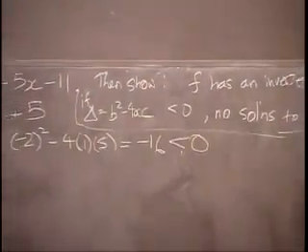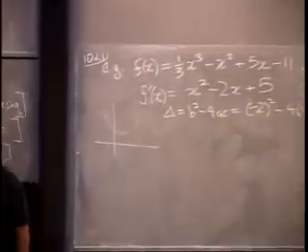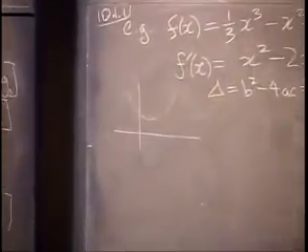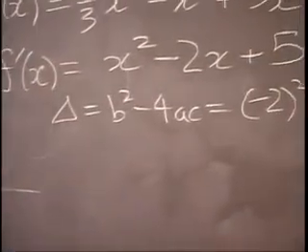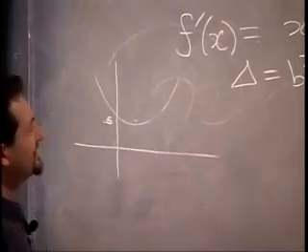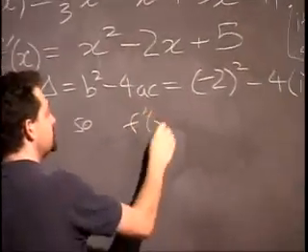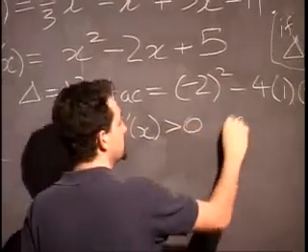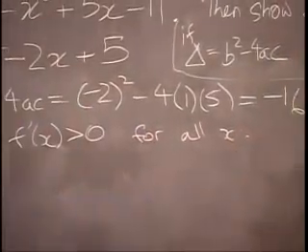Whatever its graph looks like, it must be either always above or always below the x-axis. In fact, it must be always above, because if you put x equals 0, you get 5. Okay, so this shows that f prime of x is in fact greater than 0 for all x. That's one way to show this.